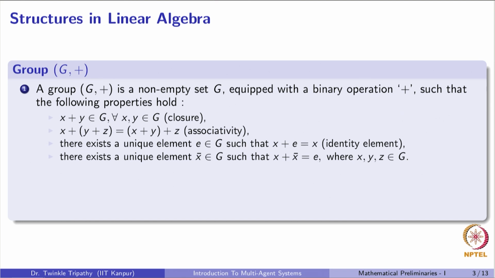Now the inverse element is unique only with respect to the given element. For example, if I start with any element x belonging to G, then the property of the inverse is that, let me denote the inverse as x bar, then x operated with x bar gives me back the identity element. Any set which satisfies these properties becomes a group.